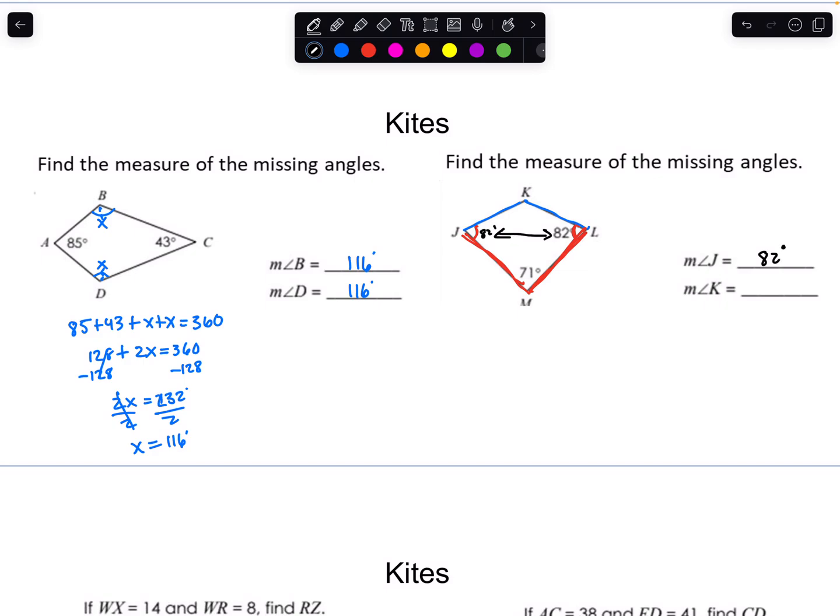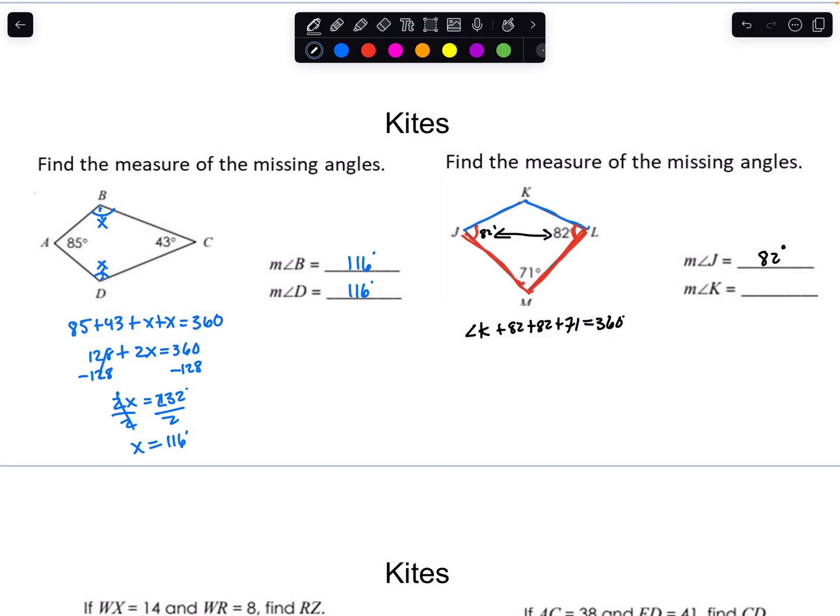Now that I have three angles and I'm missing just one, I can write my equation. I can say angle K plus 82 plus 82 plus 71 will equal 360. The reason why K does not match angle M below it is that if they did, we would have ourselves a parallelogram where opposite angles are congruent. But we don't.